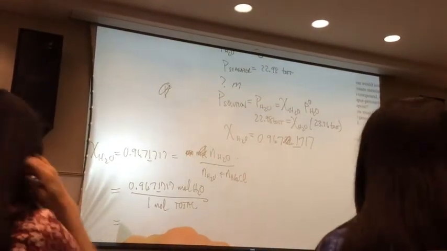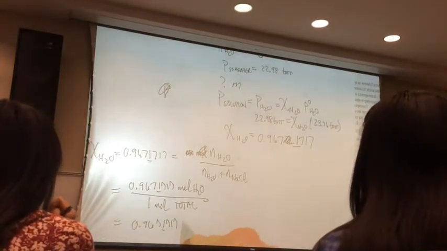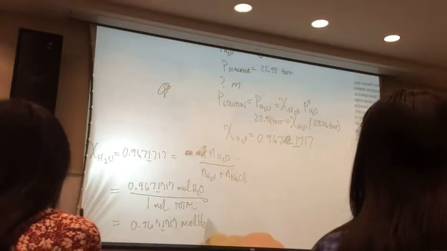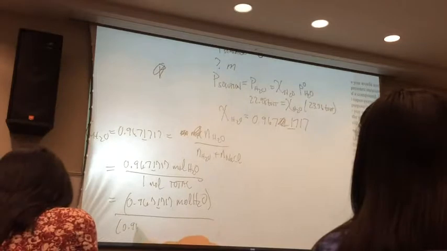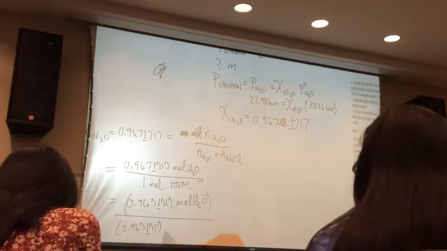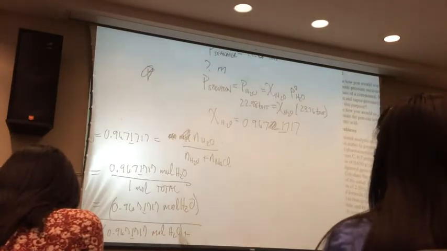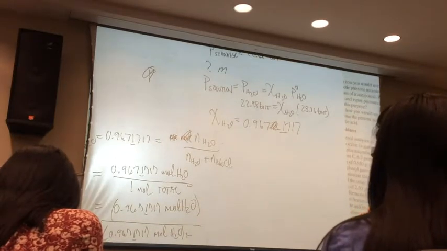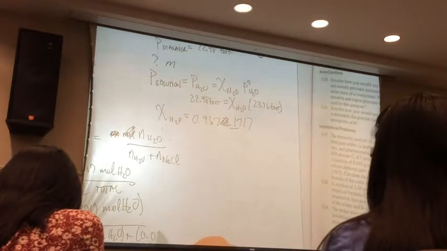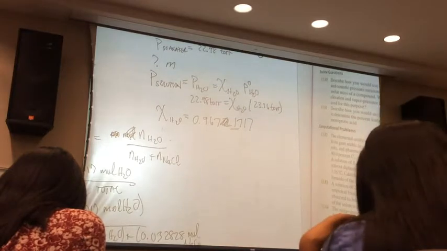So this is 0.9671717 moles of water divided by 0.9671717 moles of water plus, well, 1 minus this number, so plus 0.032828 moles of sodium chloride.